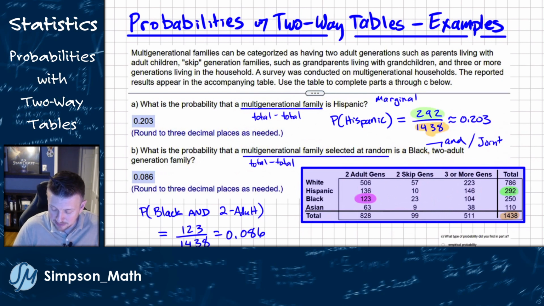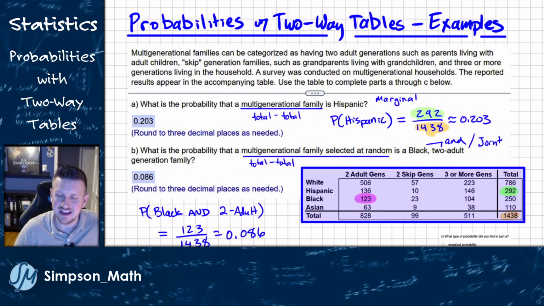There's an implied "and" here, that they are black and a two adult generation family. We formally call that a joint probability. So this 123 is my intersection of the two adult generation and the black families, and then out of our total is this 1438.